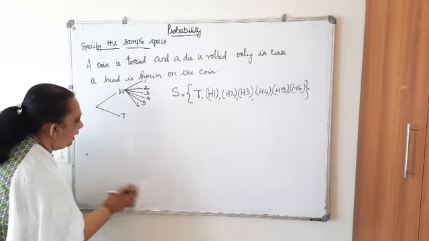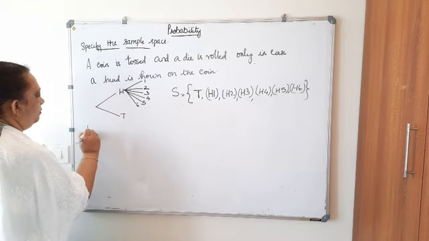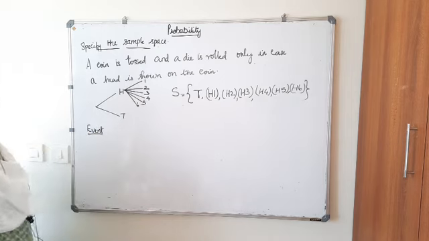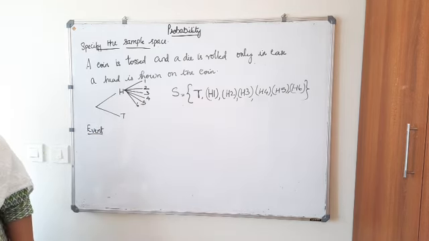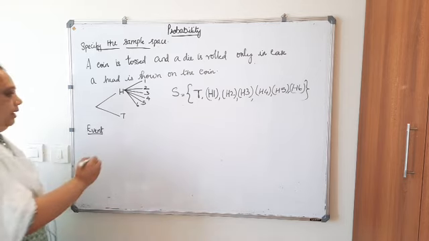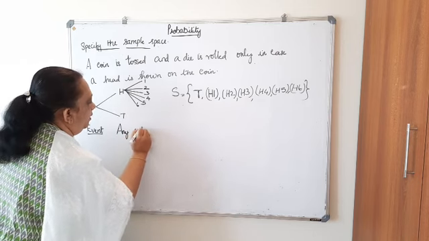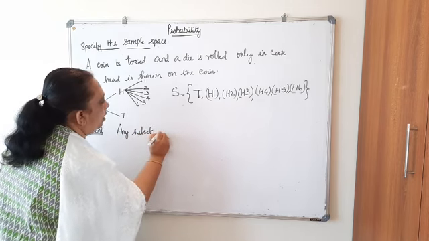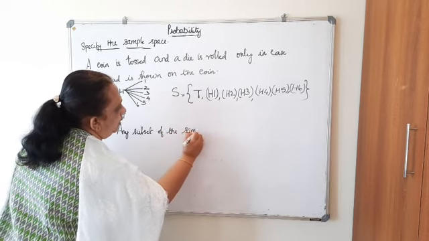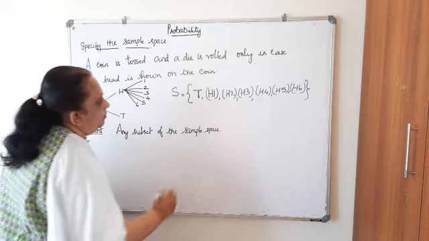What is meant by an event of the sample space? Event means any subset of the sample space is called an event. Any subset of the sample space is called an event.